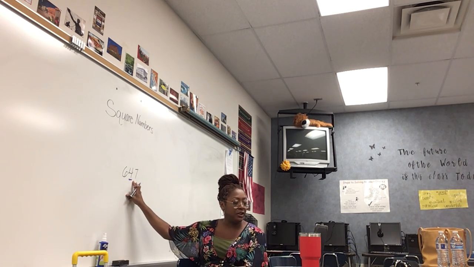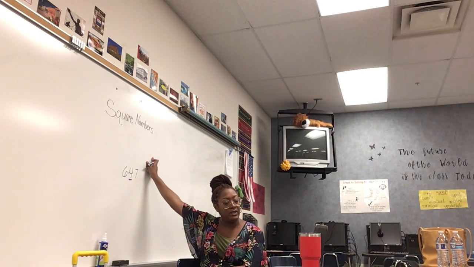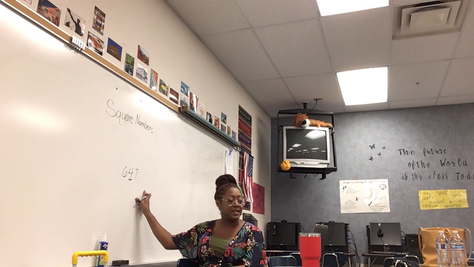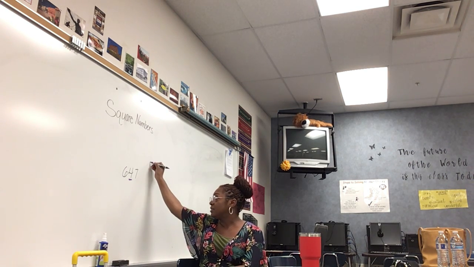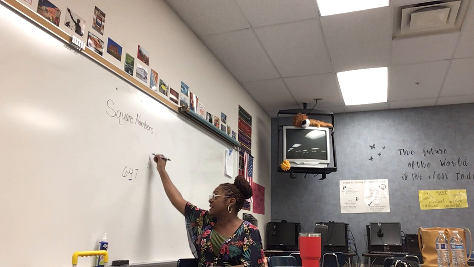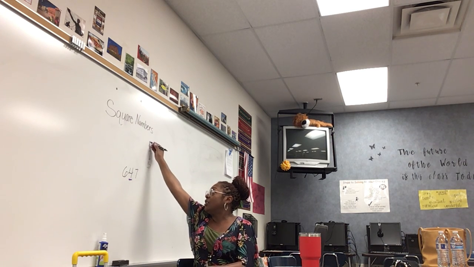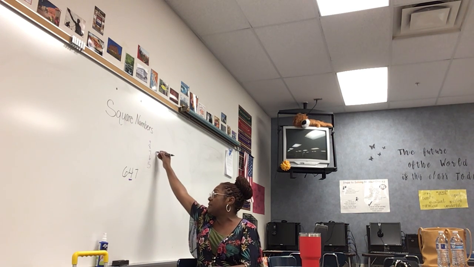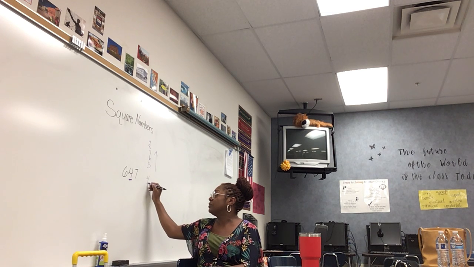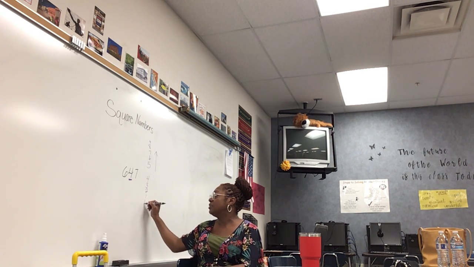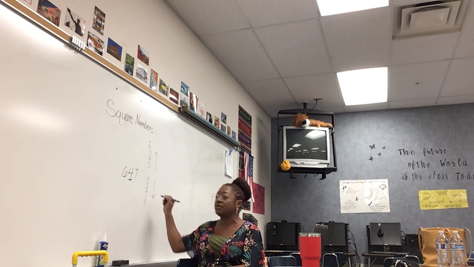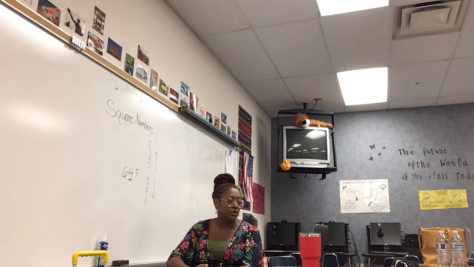That 4 is going to tell you if you're going to go up to 700 or go back down to 600. Any number that is 5, 6, 7, 8, or 9 is going to round up. If it is 4, 3, 2, 1, or 0, it's going to round down. So look at that number again, 647.